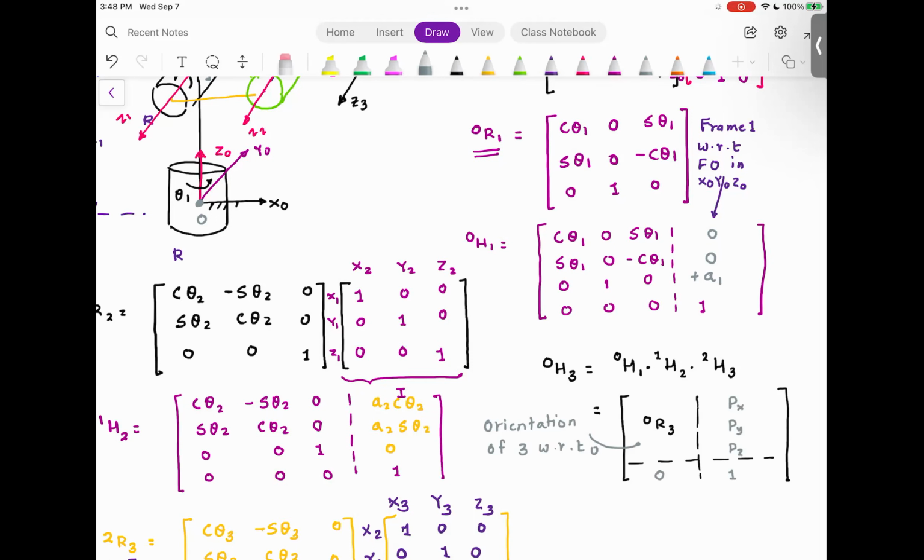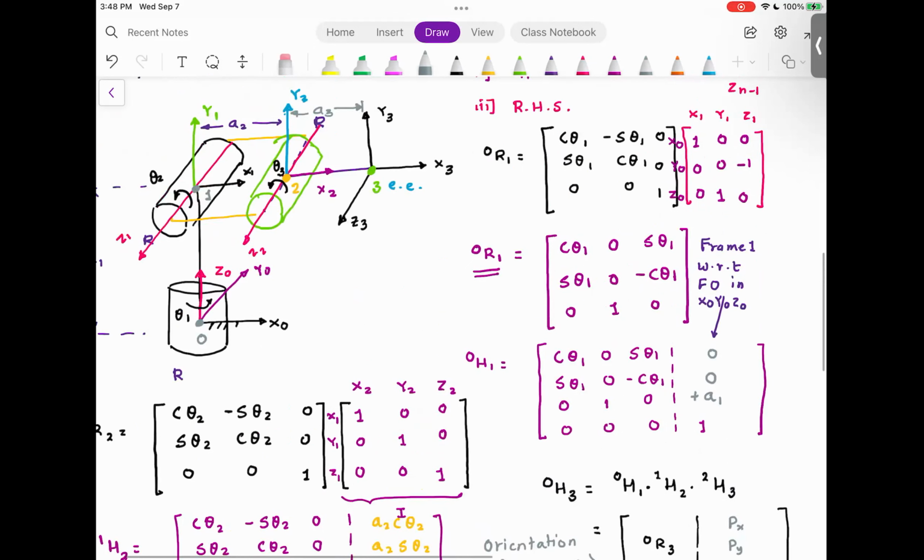So px is basically this distance. So this will be px. Py would be this distance. This will be py. And no matter what you do, pz is not going to change. So this will be pz.